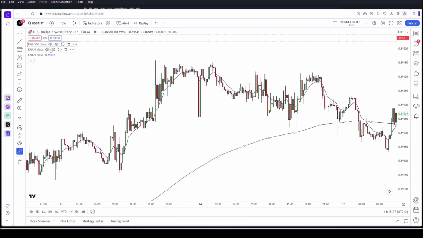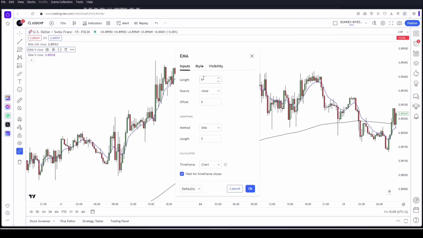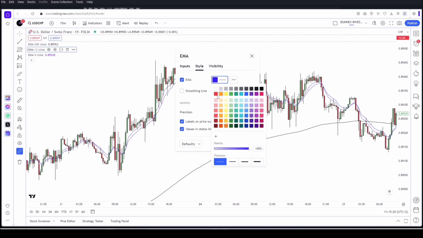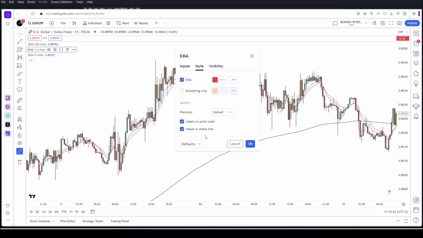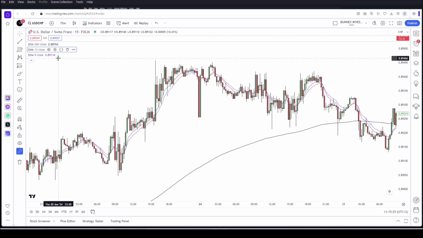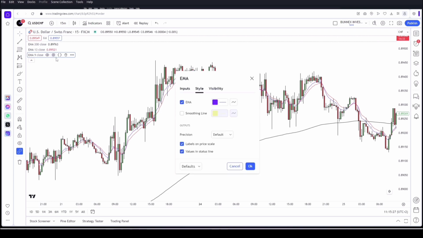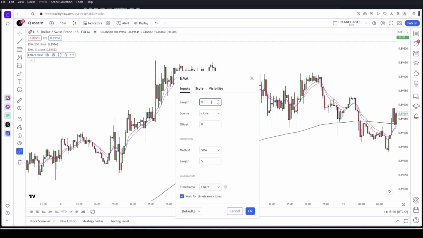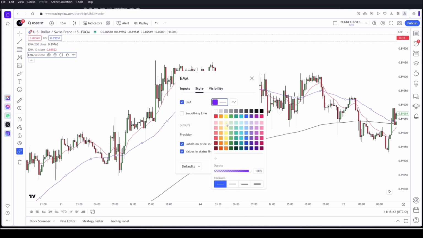The second one, length of 13, source, close, method, EMA, style, we'll actually put red for its color, and then the last one, length 50, source, close, method, EMA, style, we'll put blue for this one.